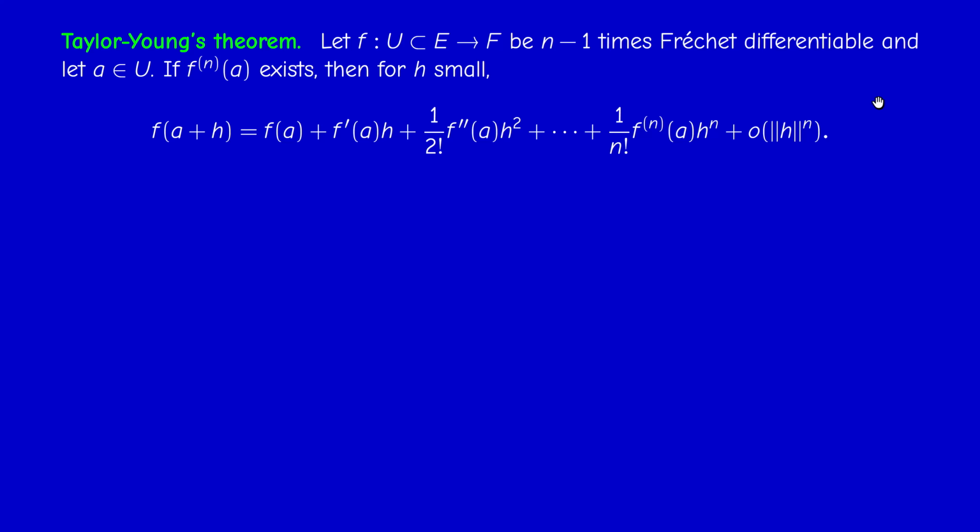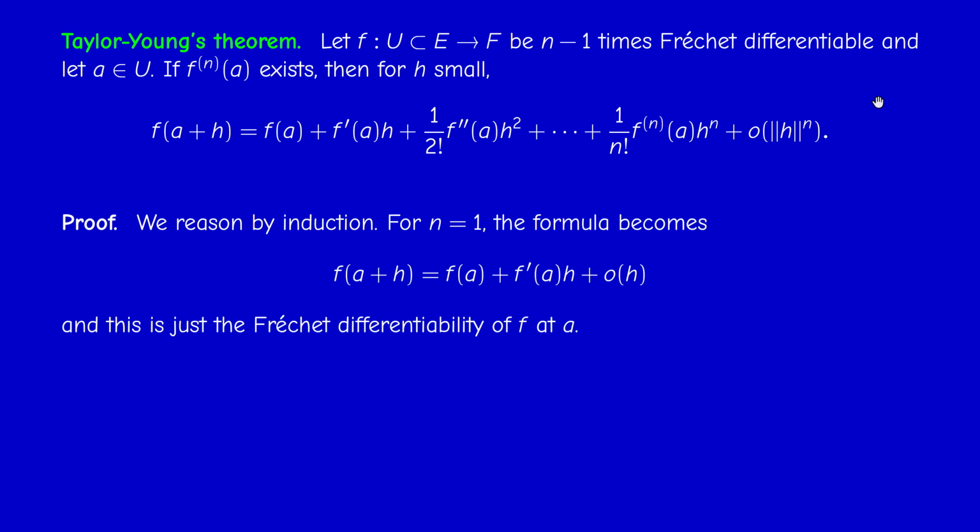And okay, we'll use induction. If n equals 1, this is just f of a plus f prime of h, and the remainder is a small o of the norm of h, which is just small o of h, according to our convention. So Taylor-Young's becomes this equation, which expresses the Frechet differentiability of f at a. Okay, so the theorem is true for n equals 1.